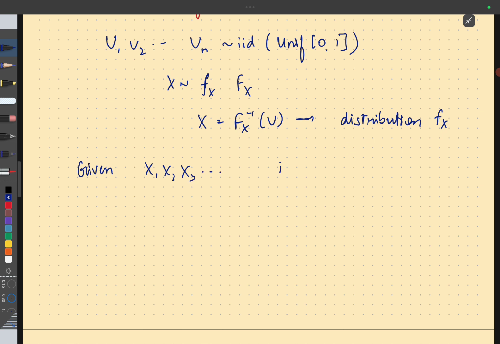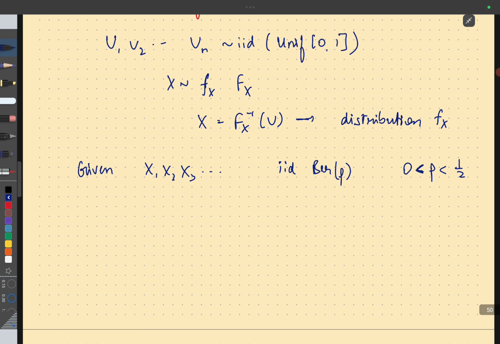You have a sequence of IID Bernoulli p random variables where p is strictly greater than 0 and strictly less than half. You're given access to as many Bernoulli p random variables as you want, and the goal is to use these to generate Bernoulli half random variables.